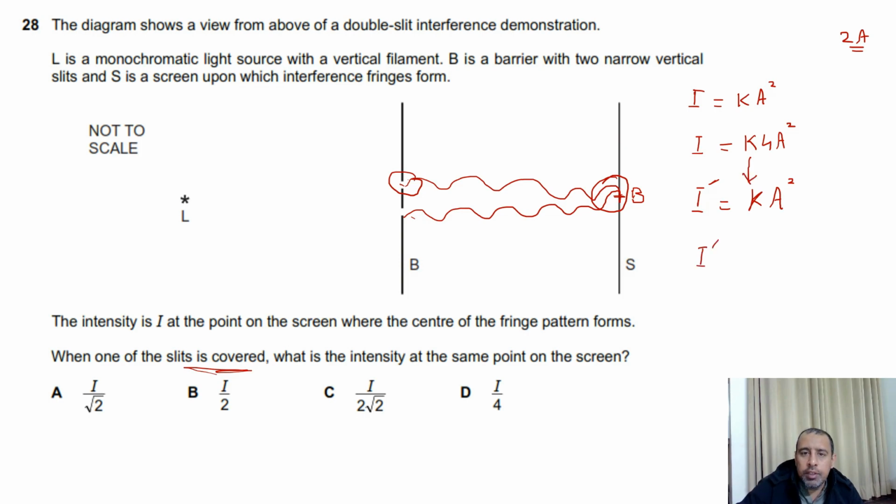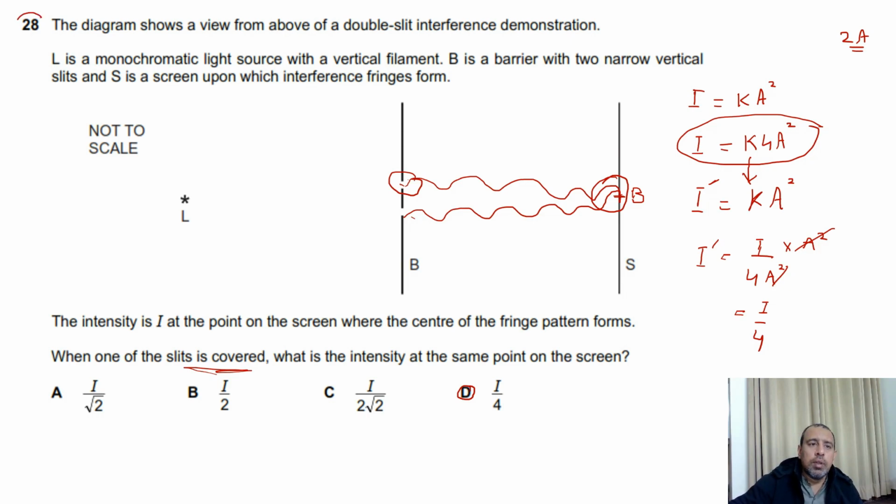So I dash is equal to K from this relation, I over 4A square into A square. So the answer is I by 4. That's why option D is the correct answer in question number 28. Let me confirm the answer. Yes, it is D.